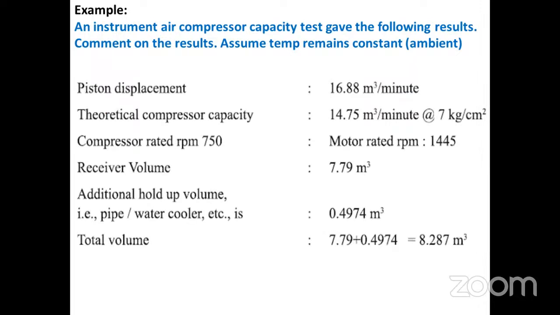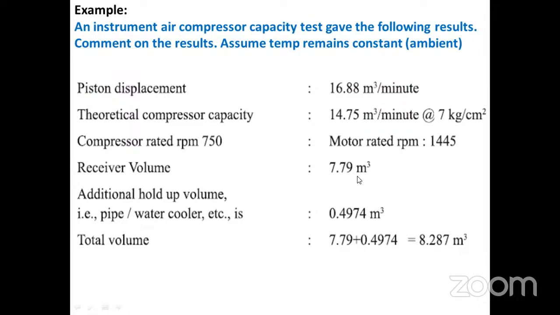Piston displacement is 16.88. Theoretical compressor capacity 14.75 meter cube per minute. Rated RPM. Receiver volume, additional hold-up volume. The total volume is inclusive of the pipe and water cooler, everything, sir.